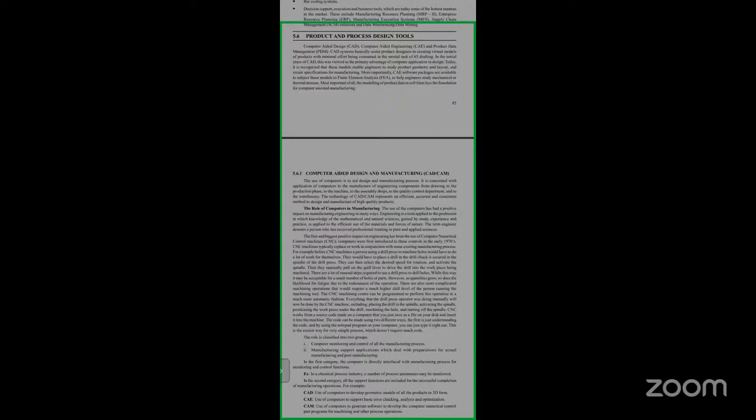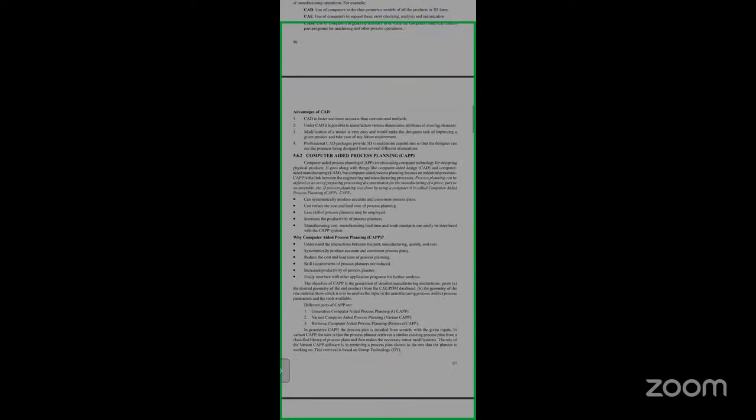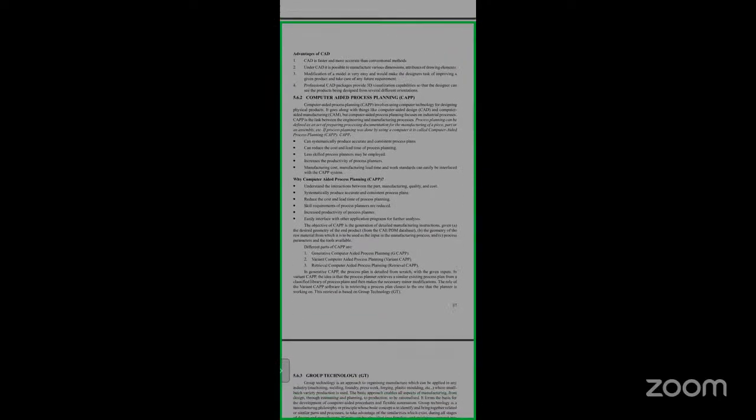CAM uses computers to generate software to develop computer numerical control part programs for machining and other process operations. CAP, computer aided process planning, involves using computer technology for designing physical products. CAD was designing 3D designs, but here CAP is designing the physical product.